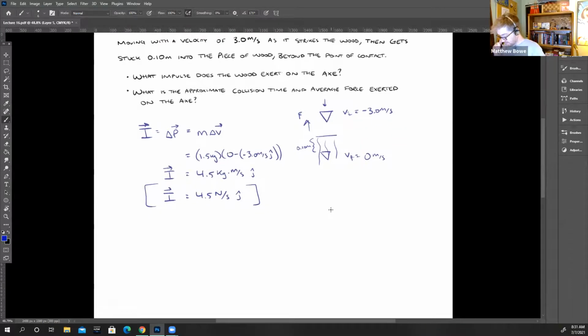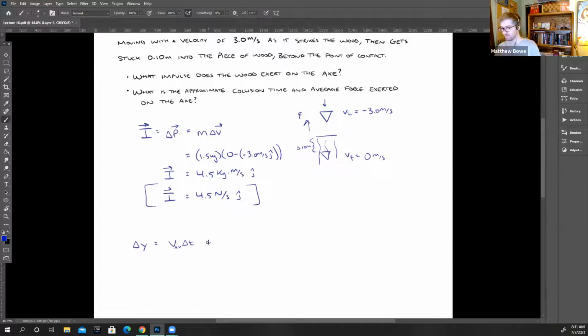Next up, what is the approximate collision time and average force exerted on the axe? From the kinematic equations, we know that the displacement of an object is equal to velocity times time, or I guess average velocity times time.